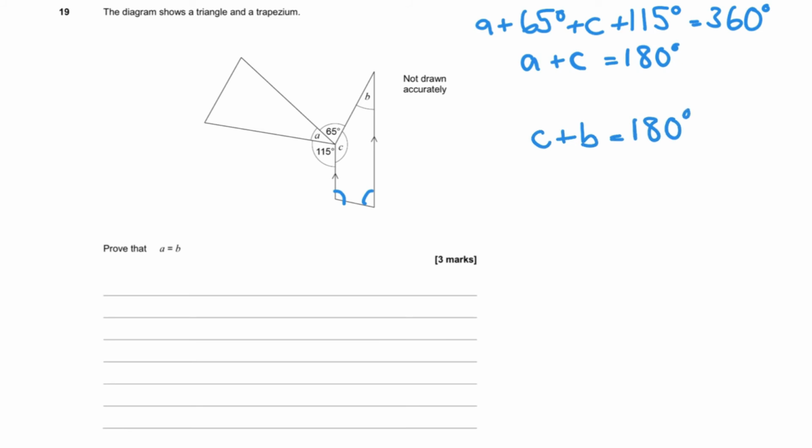So we've got 2 lots of equations here. We've got A plus C is equal to 180 degrees, but we've also got C plus B is 180 degrees, so they must be equal to each other. So if we minus C from both sides, we've got A is equal to B.